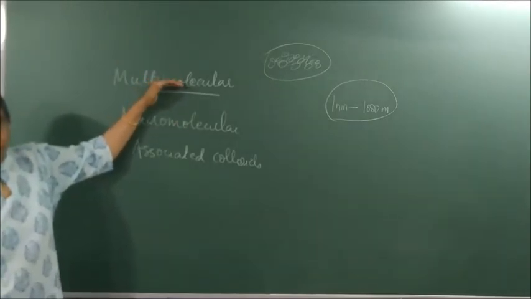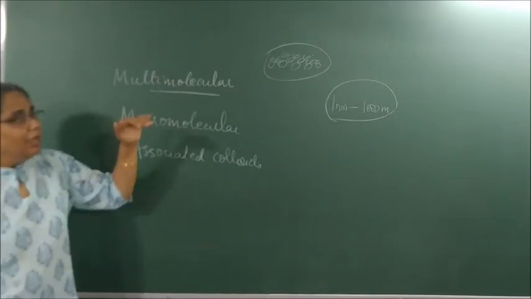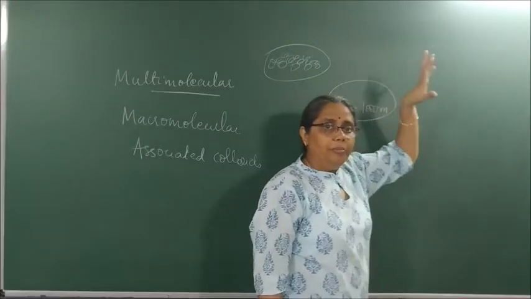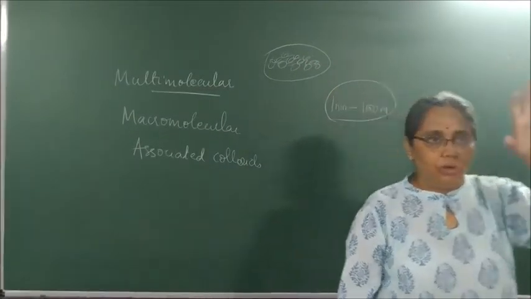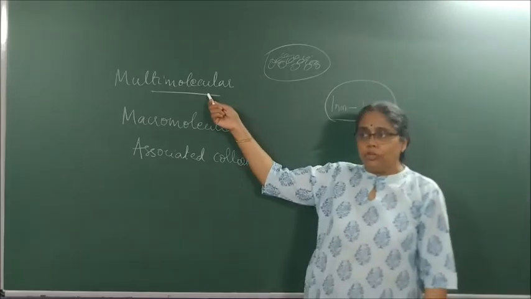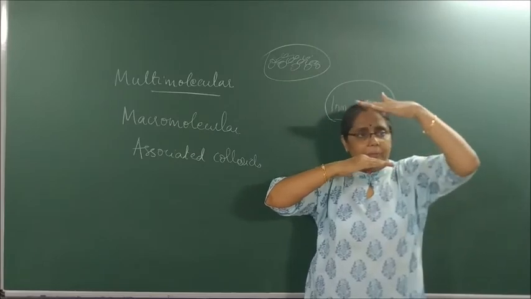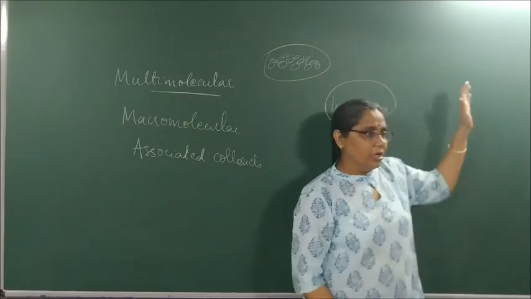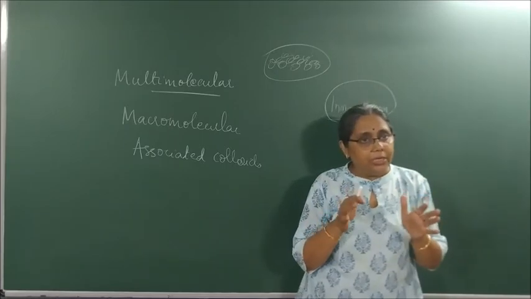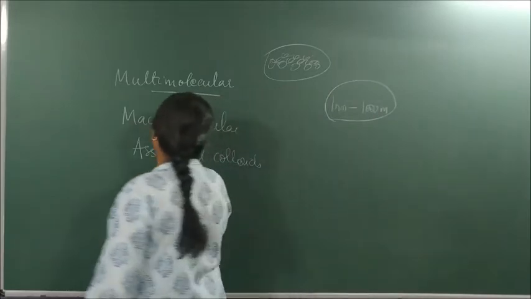Multimolecular colloid. Very small particles layer themselves one above the other to form the particle size of the colloids. As many molecules layer by layer come to colloidal size particles, they are called multimolecular colloid.